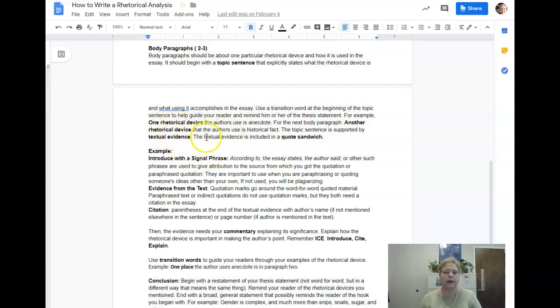After you have your topic sentence and it's clearly stated which rhetorical choice the author made, then you're going to support that with textual evidence. Now, what I would like to add in there, between your topic sentence, suppose you mention rhetorical question as a choice that the author made, a rhetorical device that she used.